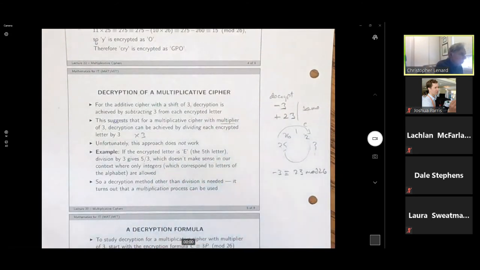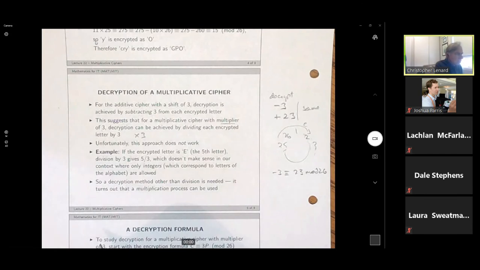Okay, unfortunately, it doesn't quite work. Think about it this way. Suppose you've got the fifth letter, which is E, as your encryption, and you divide by 3 to get the plain text letter. So you attempt to decrypt by dividing. What's the 5/3 letter of the alphabet? It doesn't make sense because there isn't a 5/3 letter.